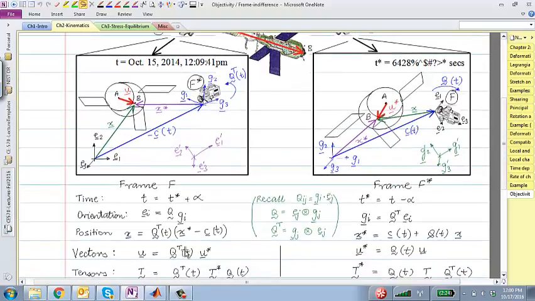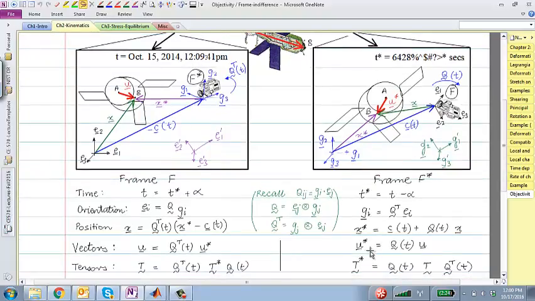And the relationship between those two vectors will be given by this rotation tensor. So if you take the vector u, do a rigid body rotation to the F star observer, then you get u star. In the same way, do an inverse rigid body rotation of u star to get back u.